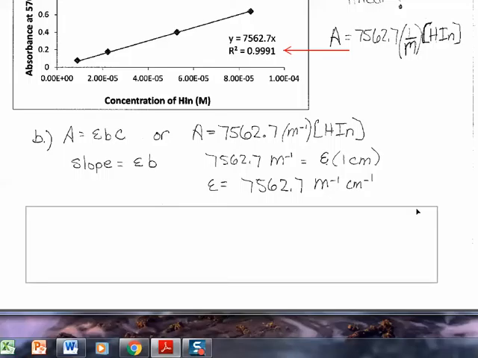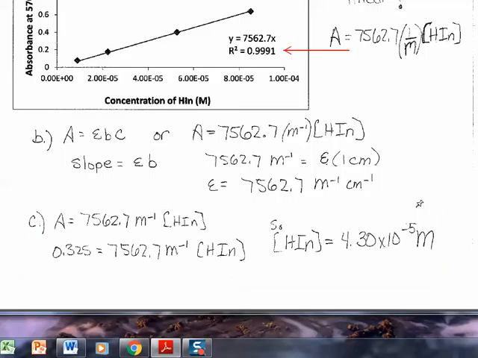In the last part of our problem, which is typical for most lab applications, we're trying to find the concentration of an unknown, given that we have known concentrations correlating with known absorbance values at a particular wavelength. In this question we had a 0.325 absorbance. If that's the absorbance measured at 570 nanometers, we can use our equation to determine the concentration of the indicator.